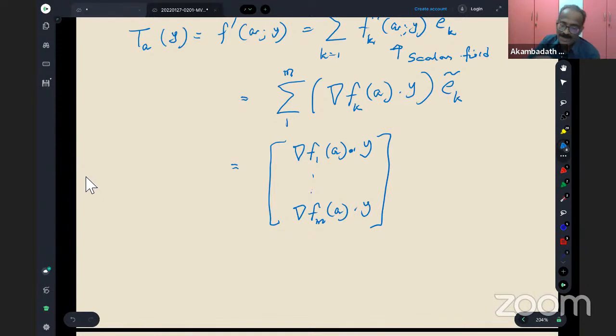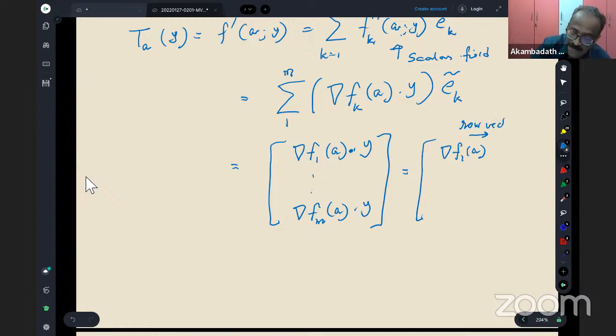How do you get a dot product in a matrix form? You represent, if you want to get this one, this is nothing but the action of your first row in a matrix multiplication with a vector. So you can write it as a row vector now. This is gradient of F1 at A. So you are writing it as a row vector.